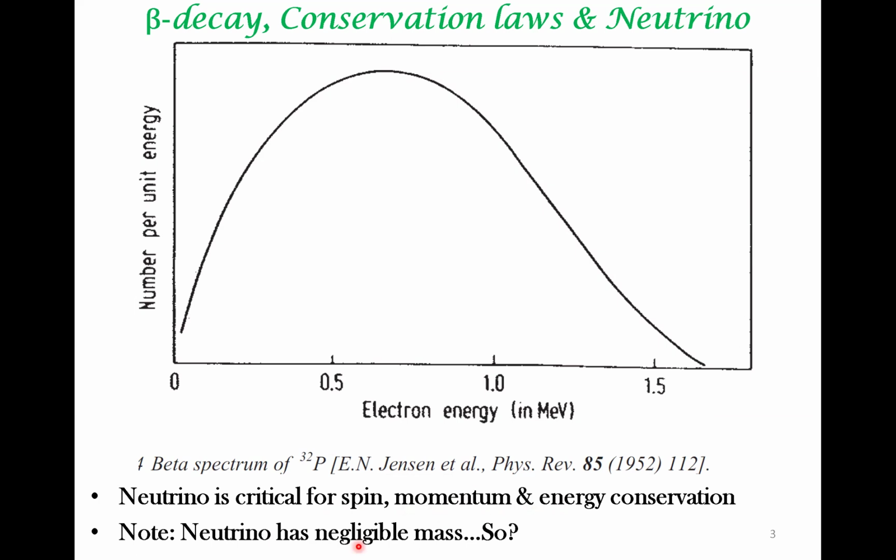Why is it that we are attributing some part of energy to the neutrino? And if so, what does this suggest? The reason why we are stating that is, much of the time when we talked about energies in the case of nuclear systems, we related energies to E is equal to mc squared.